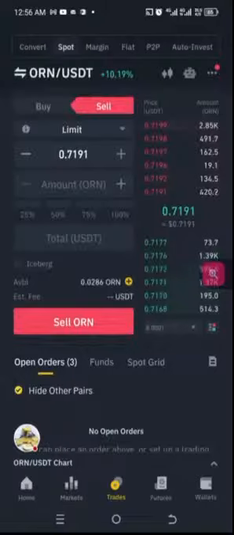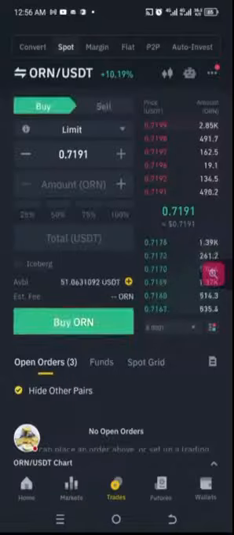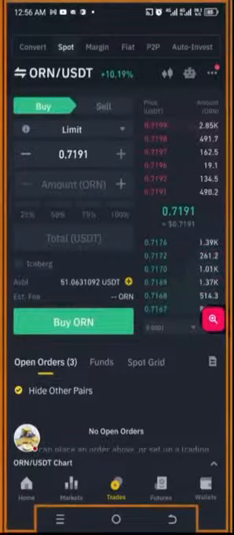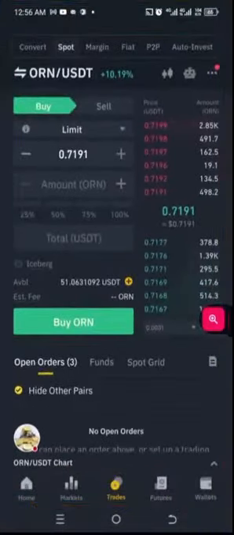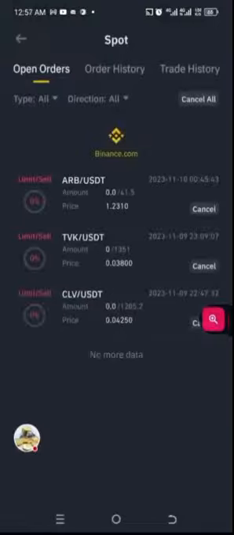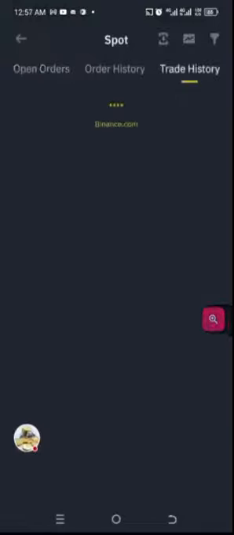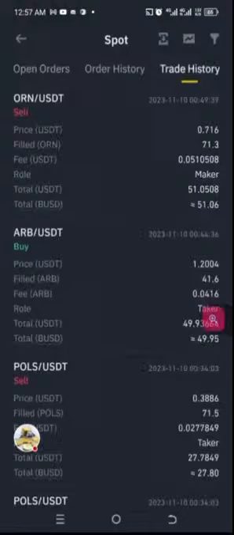So ORN has executed. Hope you love that. I love that. Let's look at how much we've been able to make. This is $51, which is 2% exactly. Can you see that? Because it was $1.06. Let's go check exactly how much it gave us. Probably like $1.12 or something like that.